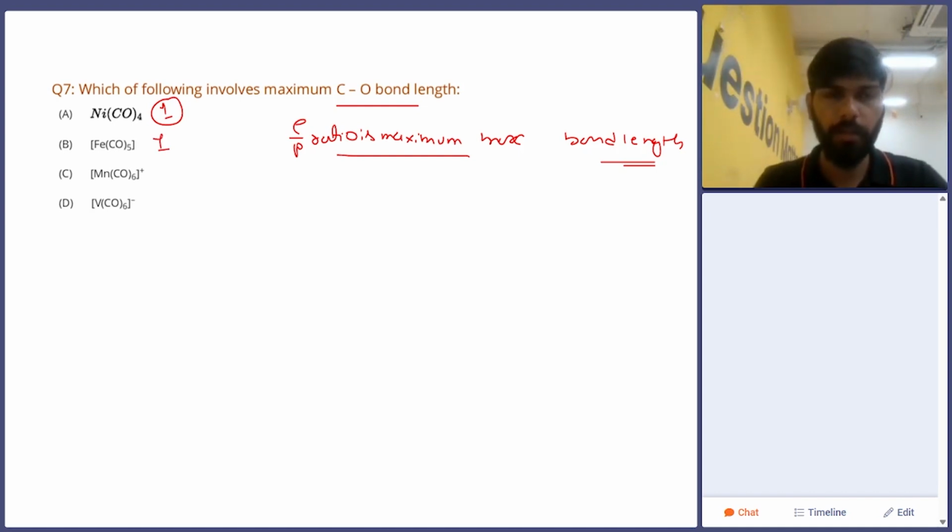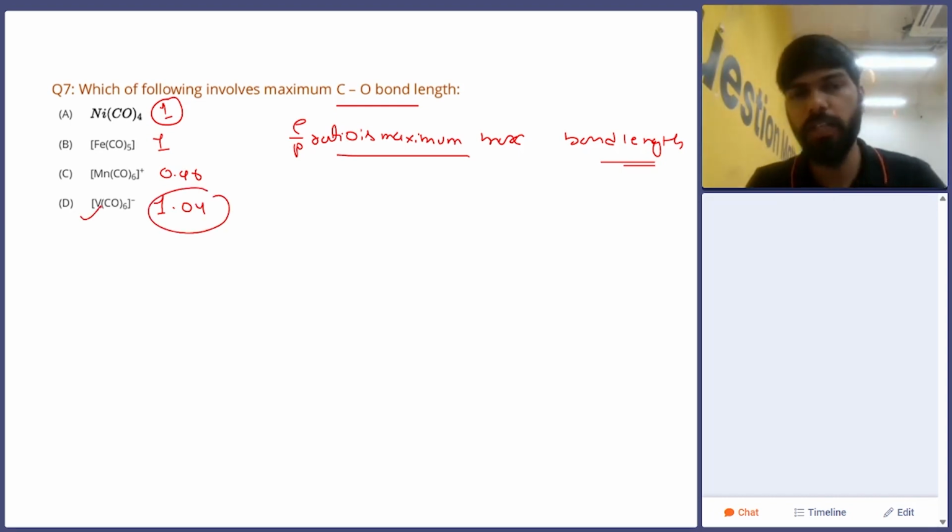If I take Mn, that becomes 24 divided by 25, so somewhat 0.96. And if we take vanadium, 24 upon 23, its value is 1.04. So the maximum value, 1.04, is for VOCS6 minus. That's why option D is correct. Maximum bond length is this one.